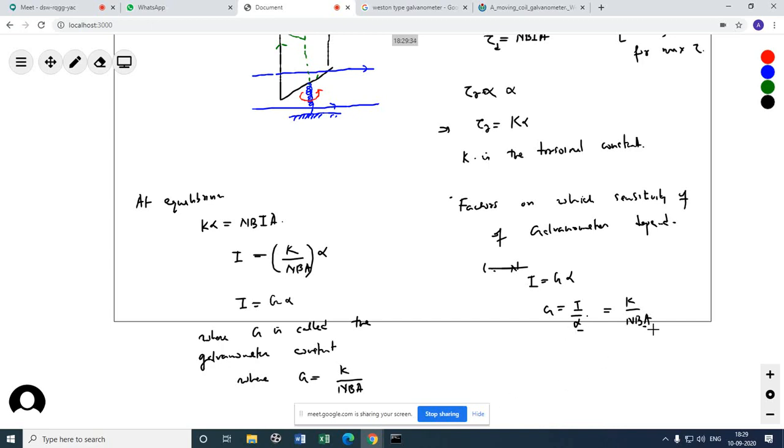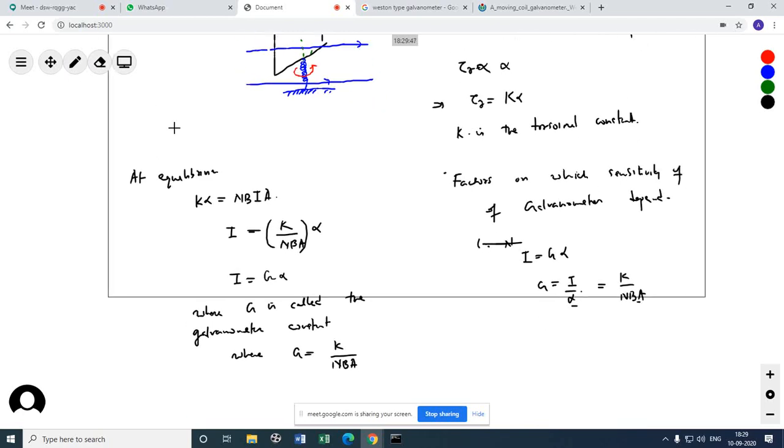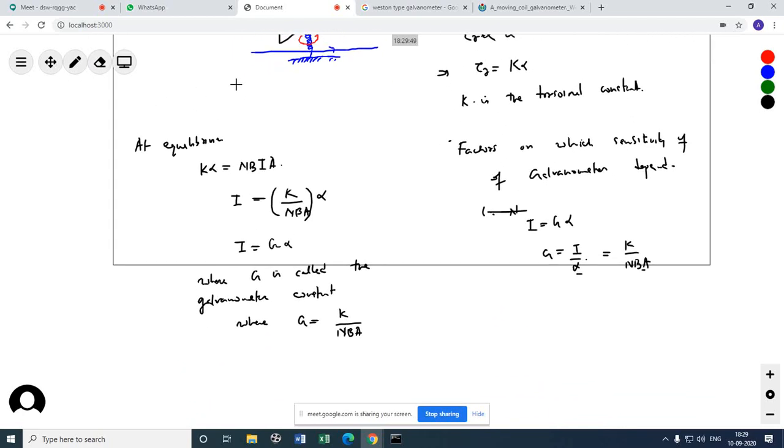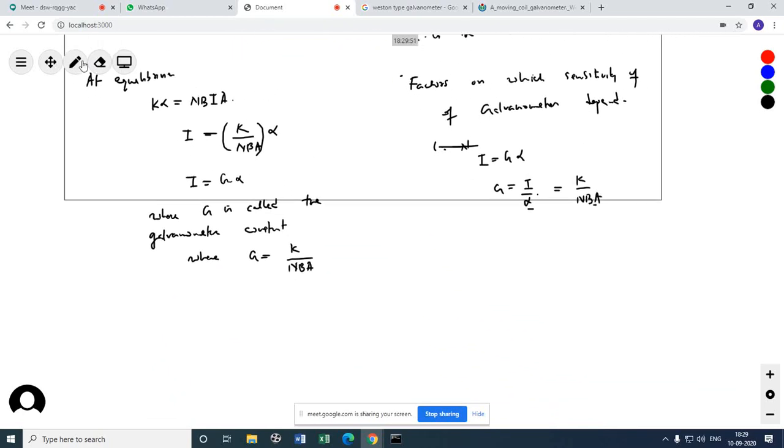The idea is, if G decreases, alpha increases, and then I will be able to measure even small currents. So if I increase n, the number of turns, sensitivity will increase. Simple.